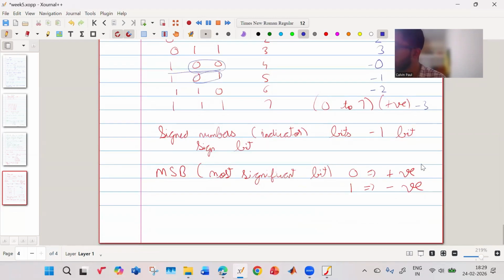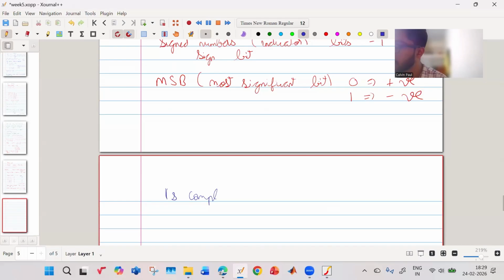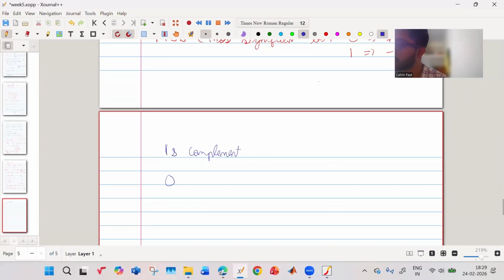Now there is another way, which is you can have one's complement. One's complement is what? If you have, let us say 0 1 0, this is 2, right? I want to find minus 2.